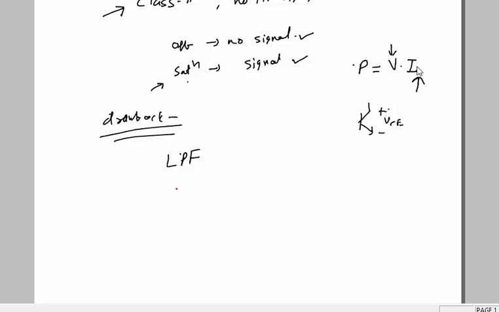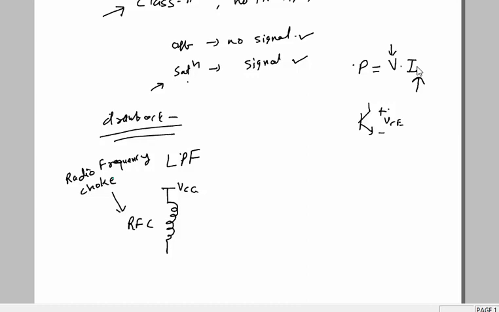The schematic circuit of class C is a little bit different. What we have here is VCC, and instead of RC or any other things, we have an RFC here. What is RFC? It is a radio frequency choke.